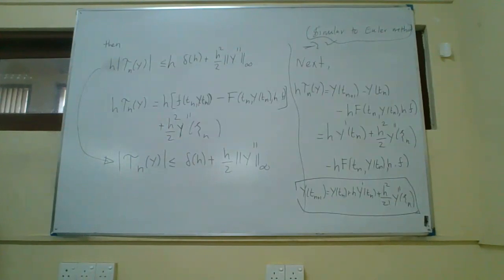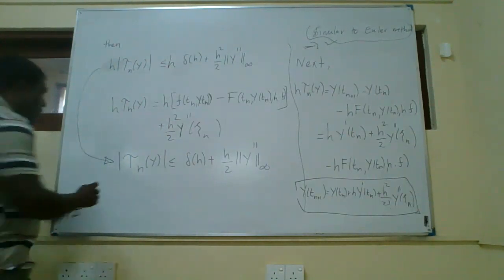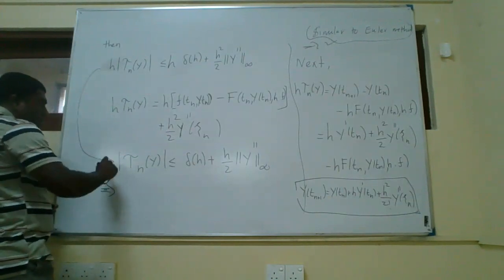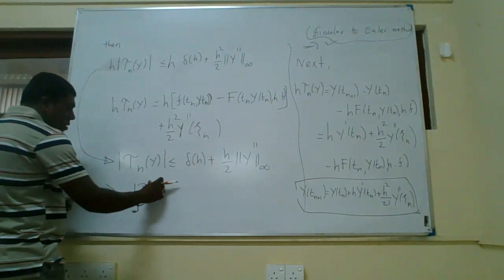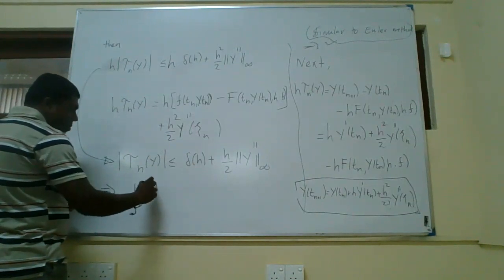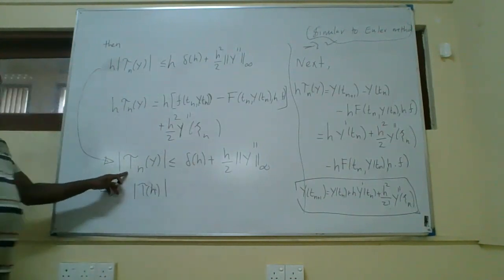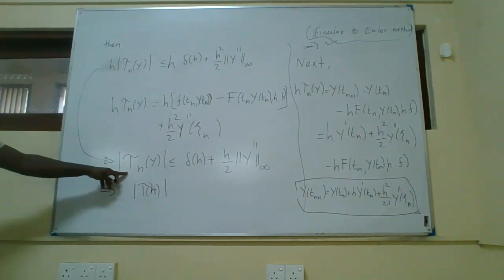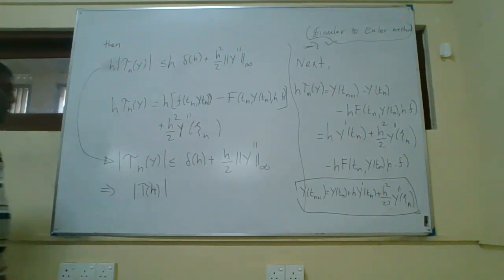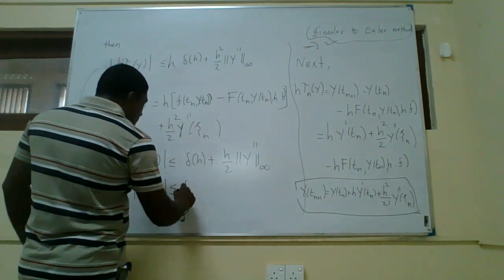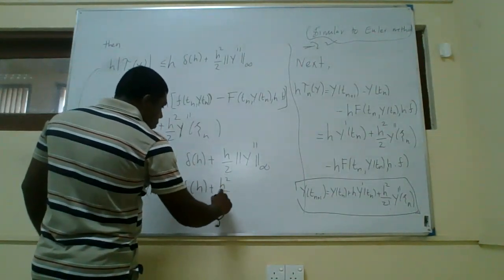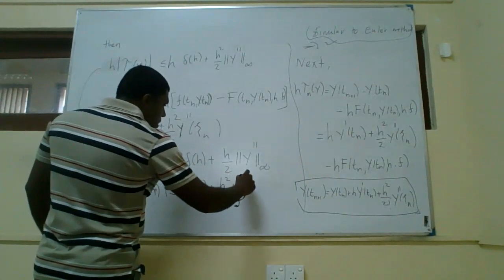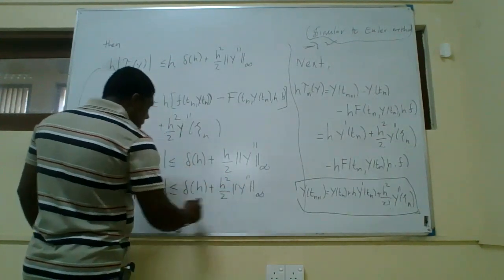So the maximum of this is basically tau of h. When you take the maximum over all t_n, this becomes tau h, which is less or equal to delta h plus h over 2 times the infinity norm of y''.